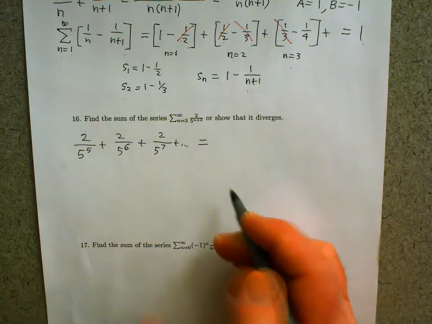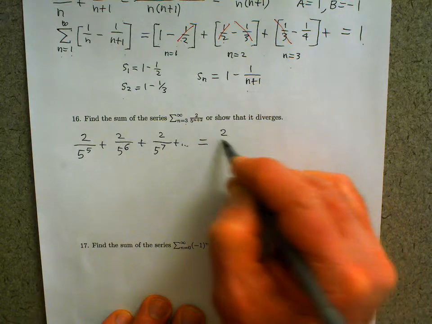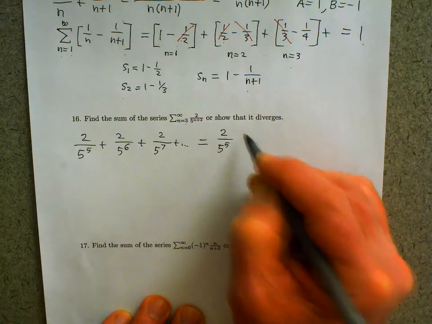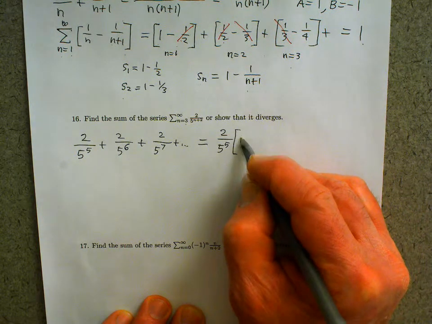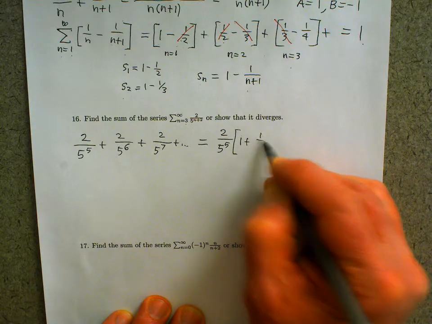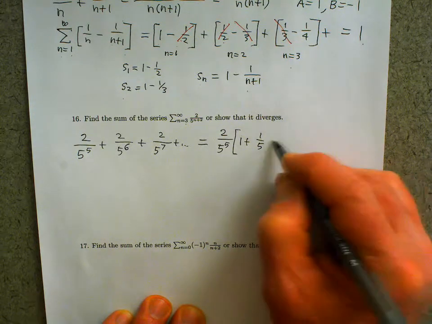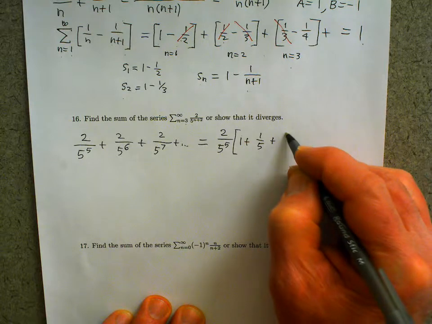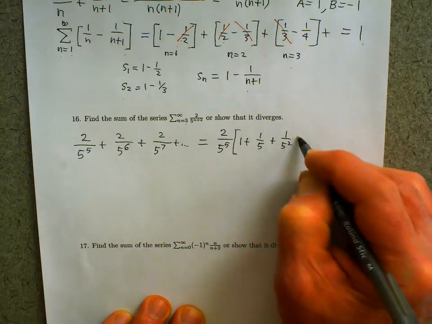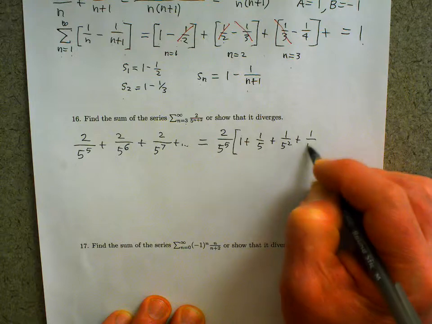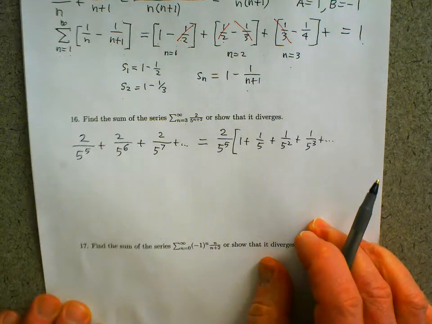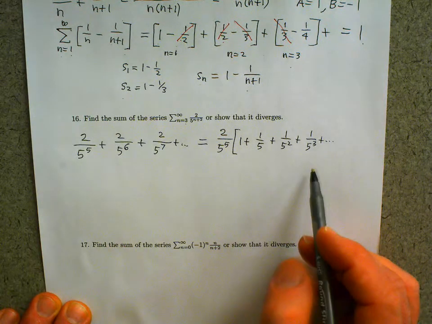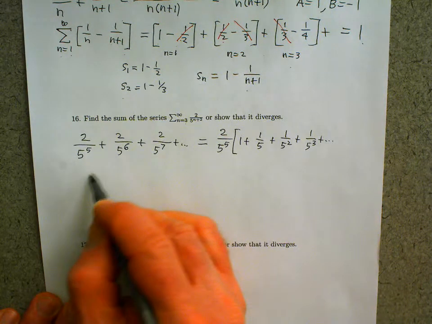If we factor 2 over 5 to the 5th out of every term, we'll get 2 over 5 to the 5th times the quantity 1 plus 1/5 plus 1 over 5 to the 2nd, plus 1 over 5 to the 3rd, and so on. Okay, so we can see that it's a geometric sequence, and we can reindex.